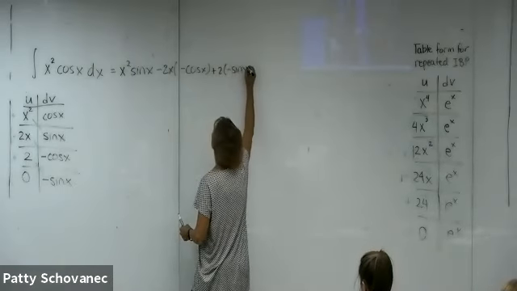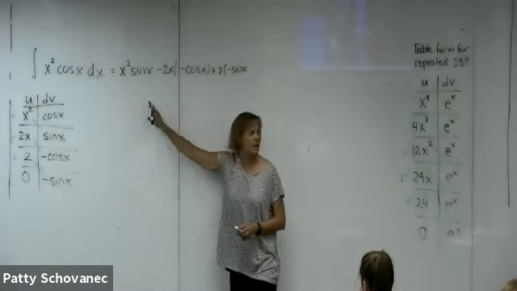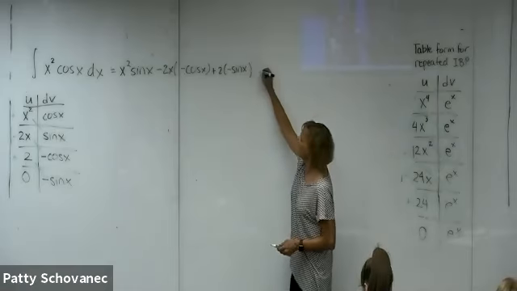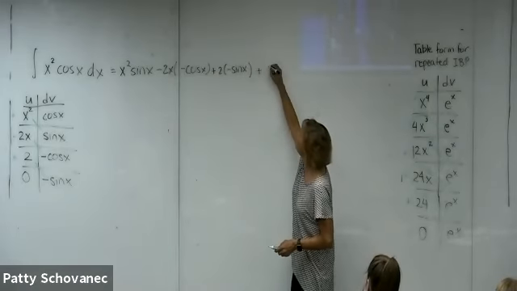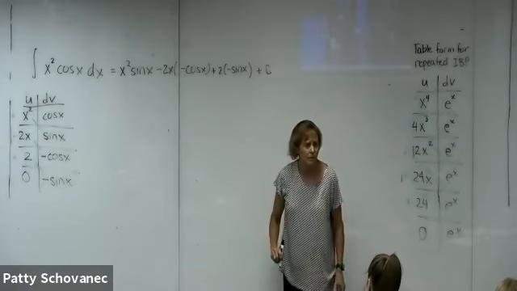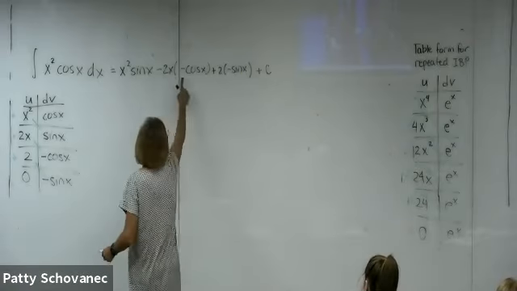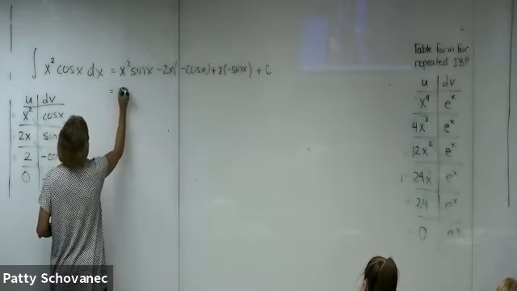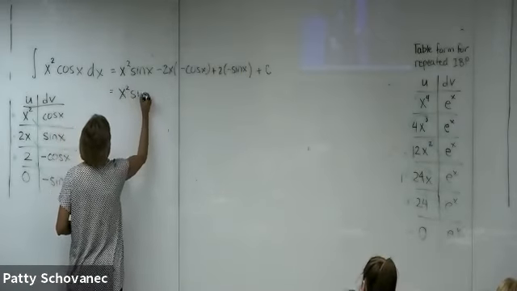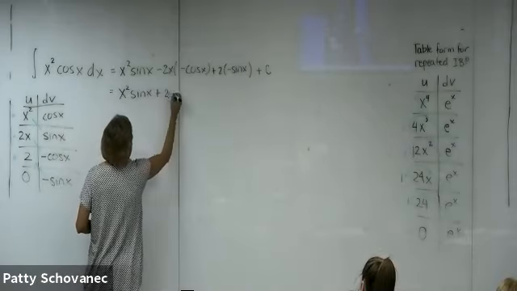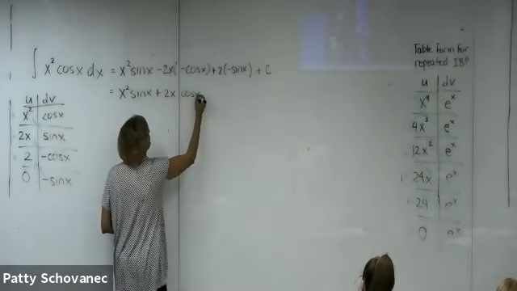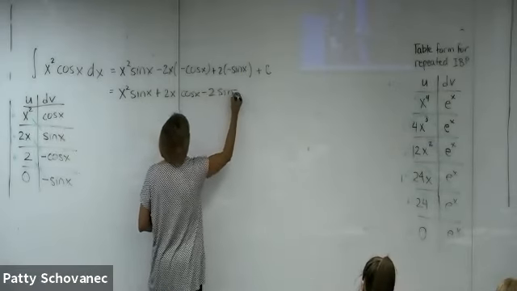I have a 0 next, so I put my plus C there. Now I'm going to put the signs together. So your final answer is x squared sine of x plus 2x cosine of x minus 2 sine of x.